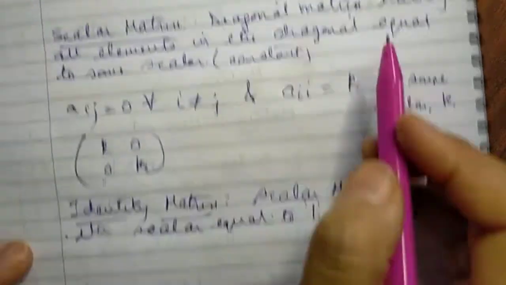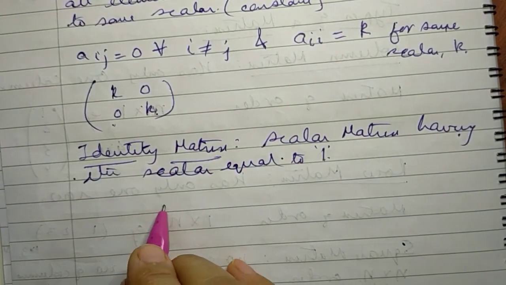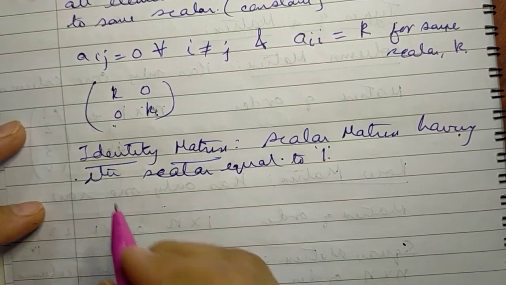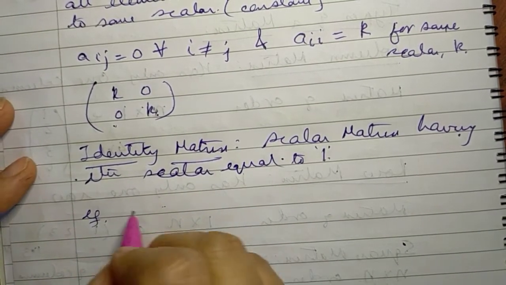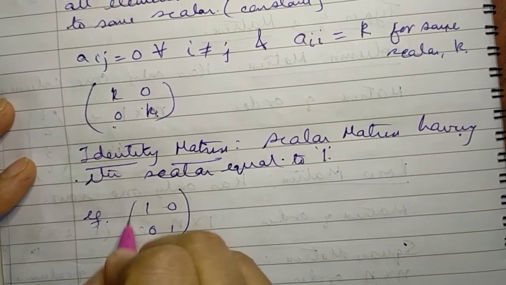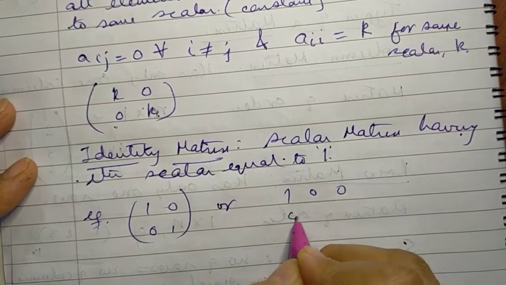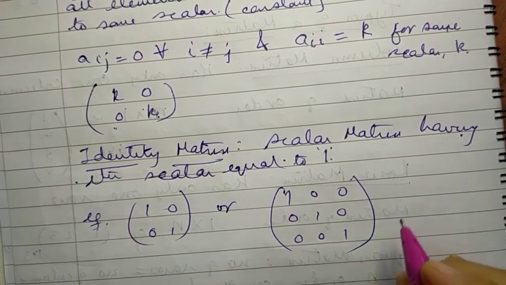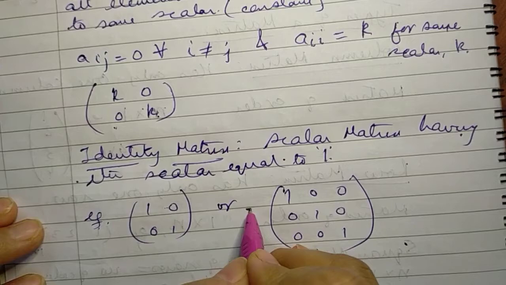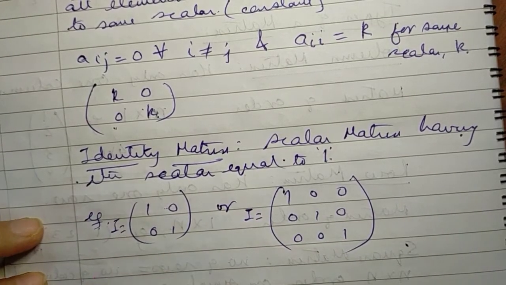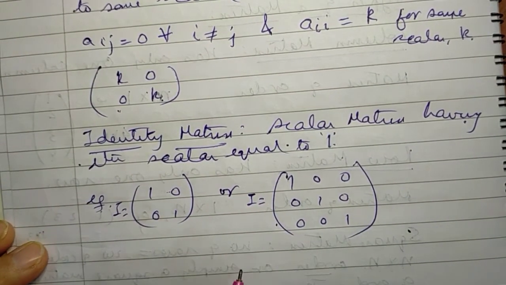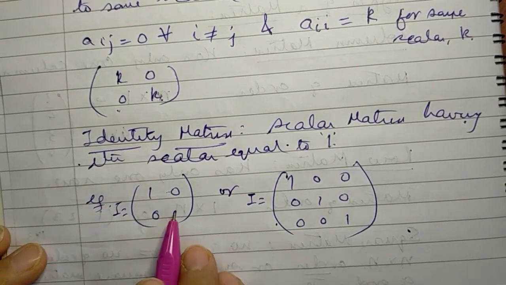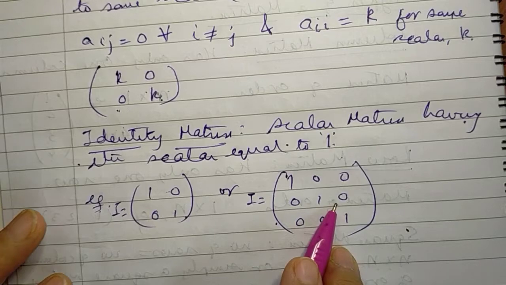So basically an identity matrix is a square matrix having all non-diagonal elements as 0 and the diagonal elements as 1. For example, 1 0 0 1 or 1 0 0, 0 1 0, 0 0 1. These are two identity matrices which we'll be taking, and we always denote the identity matrix by capital I. We will be taking up square matrices only of order 2 and 3.